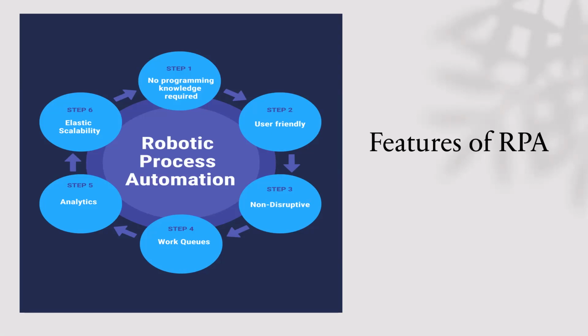As I said, RPA can be deployed to solve small problems or small use cases, and it can also be scaled up to a very huge amount of data. These are the features of RPA.